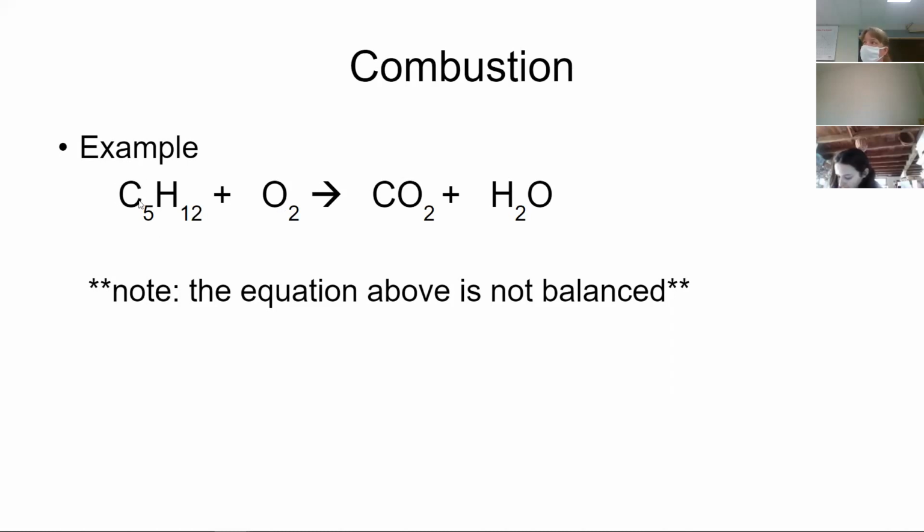And last but not least, here's my hydrocarbon. All combustion reactions are going to look very much like this. It's just that the hydrocarbon may be different. Now the equation here is not balanced. We would need to put coefficients in front to balance it. That makes them look a little bit different, but the general format's the same.